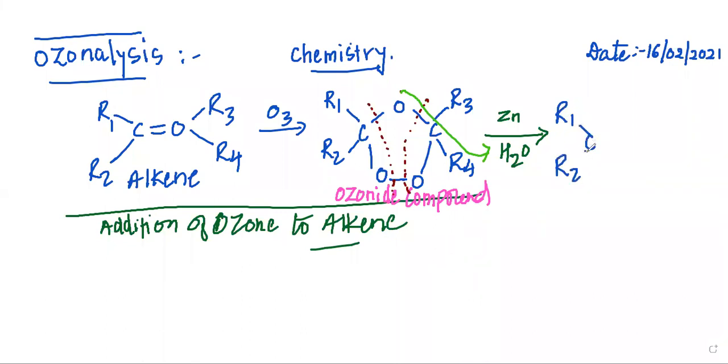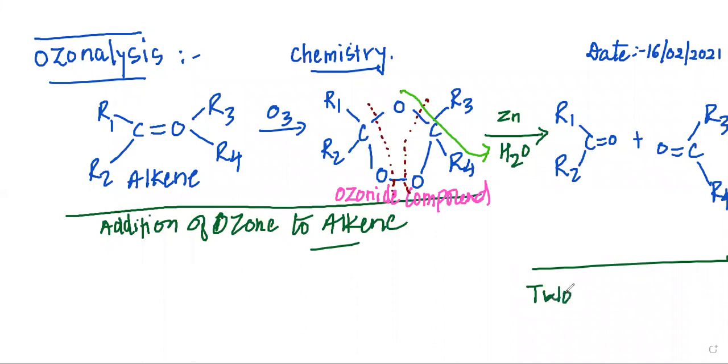R2, C double bond O plus R3, R4, C double bond O. So this is how, my dear students, we get two products here. We get two different products, and both have the carbonyl group.